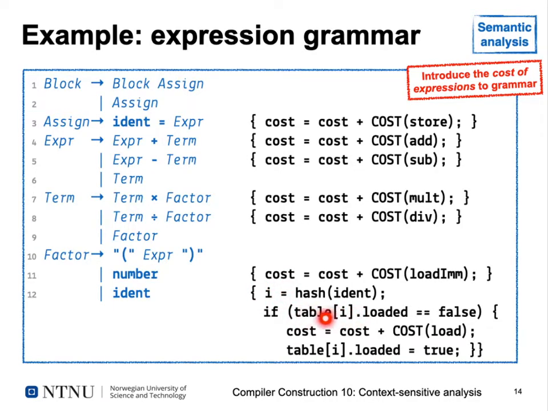This is of course very simplified code that doesn't walk through the list attached to our hash value here. Nevertheless, if we find the information in our symbol table that the identifier behind this hash value is already loaded, then loaded is true, that's fine. But if it's not loaded, we need to load it into a register from memory. So if the indication in our symbol table says there is some entry, but it's not loaded yet, then we need to add the cost of a load in addition to adding the costs for operating on that value. And afterwards, we set this loaded value to true.